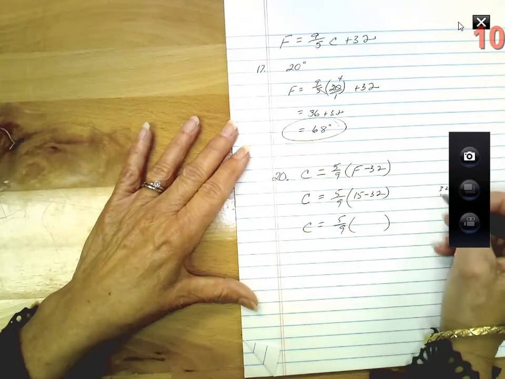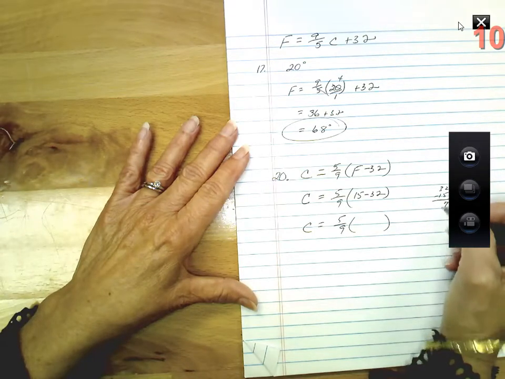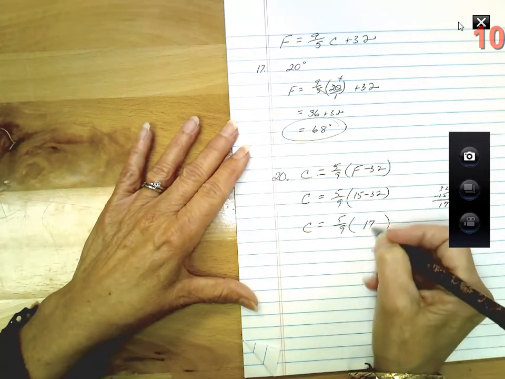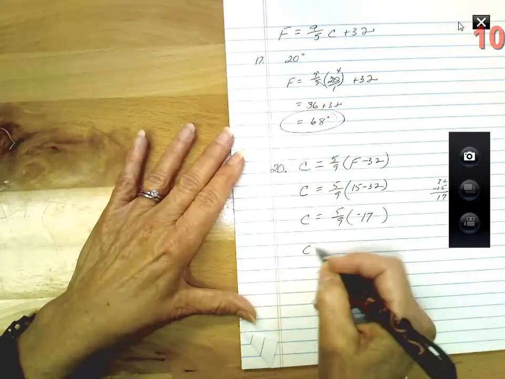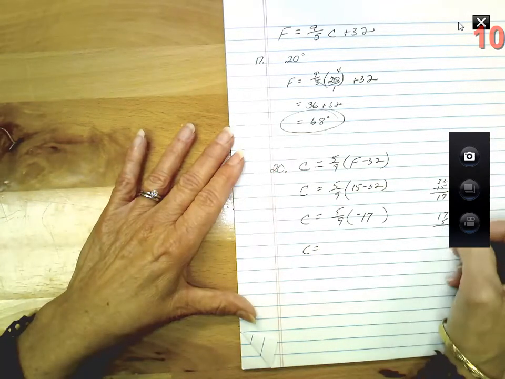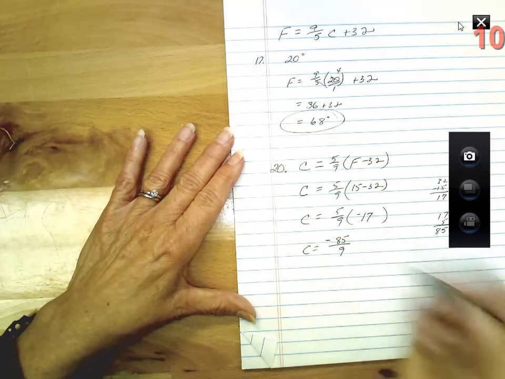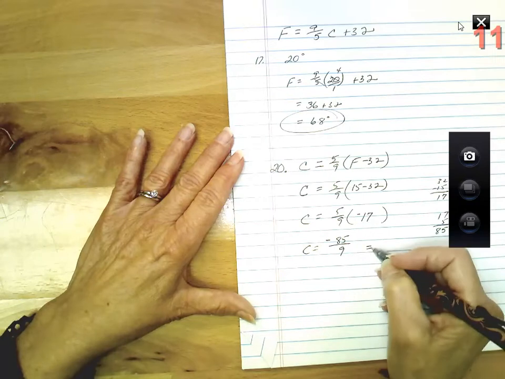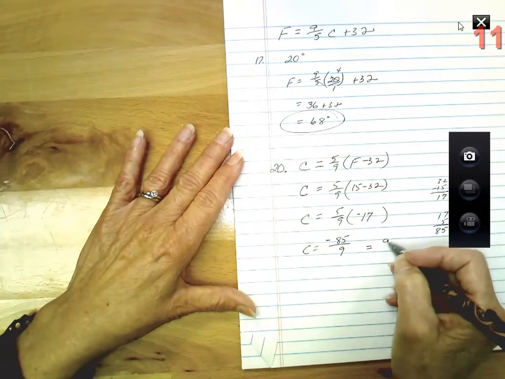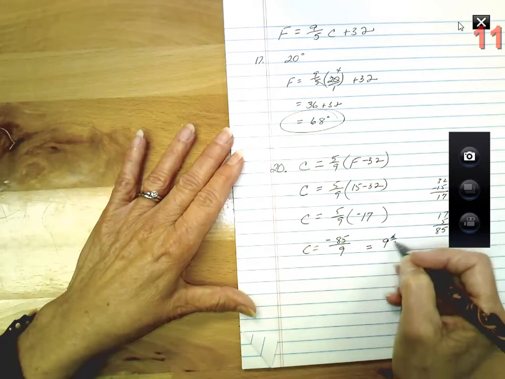So 32 and 15. Is that 17? Negative. Then multiply this times this. So 17 times 5. Is that 85? 85 over 9, and that was a negative. And then divide this out, so it comes out to 9 and 4/9 or something like that.